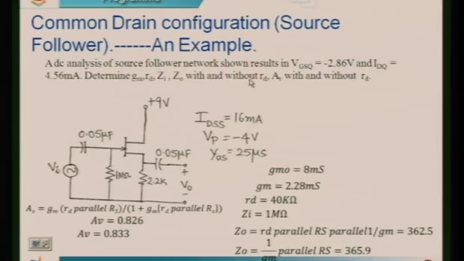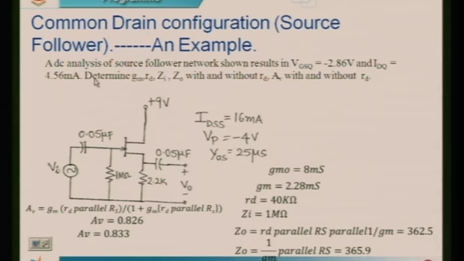DC analysis of source follower network shown results in VGSQ equal to minus 2.86 volts and IDQ equal to 4.56 milliamperes. So, at the Q point the value of gate to source voltage and drain current are specified.